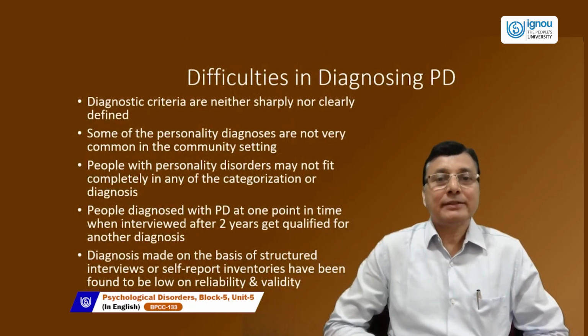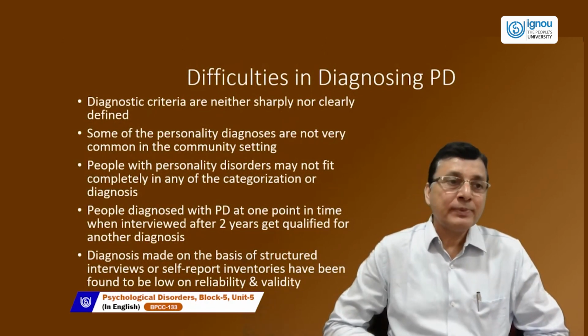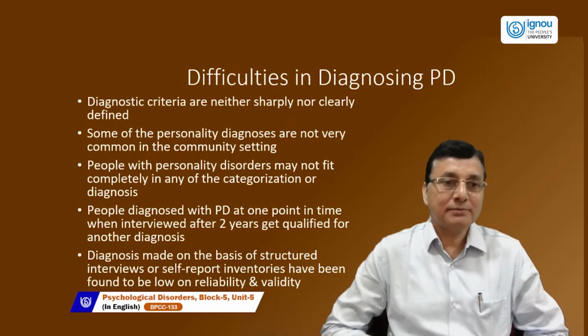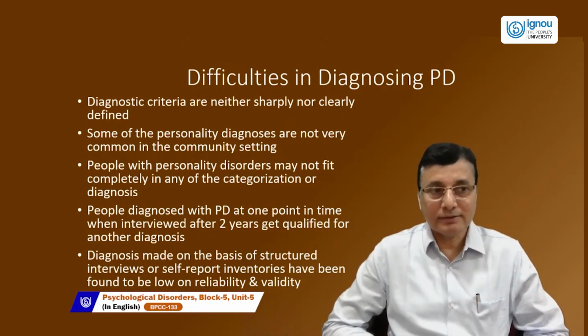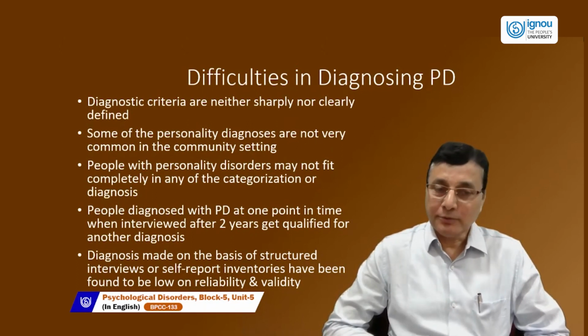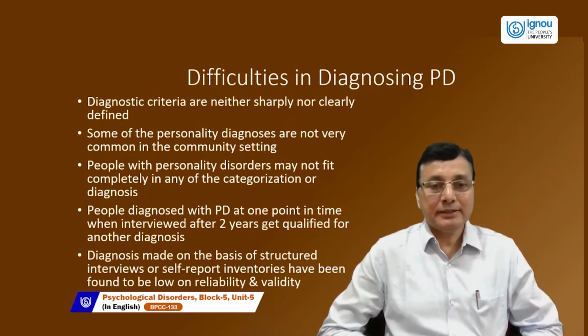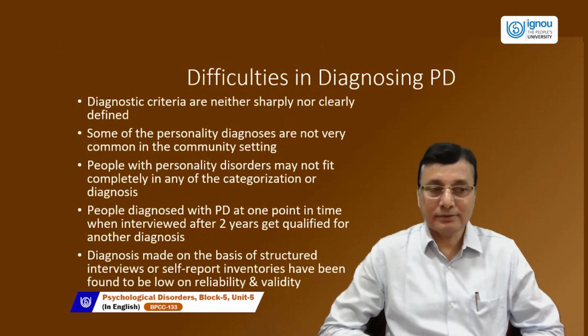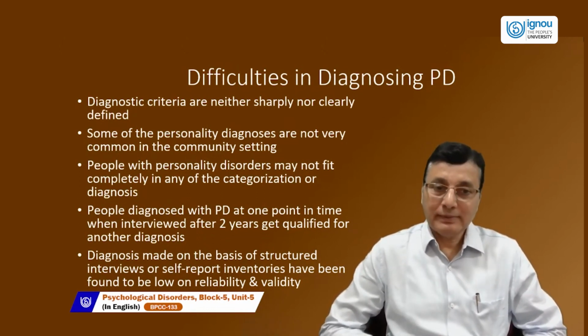So let us see what the difficulties are in diagnosing PD. Diagnostic criteria are neither sharply nor clearly defined. Some of the personality diagnoses are not very common in the community setting. People with personality disorder may not fit completely in any of the categorizations or diagnoses. This is very commonly seen.